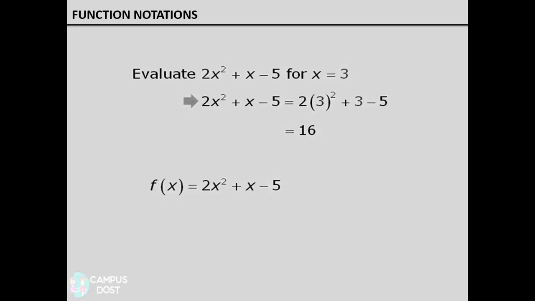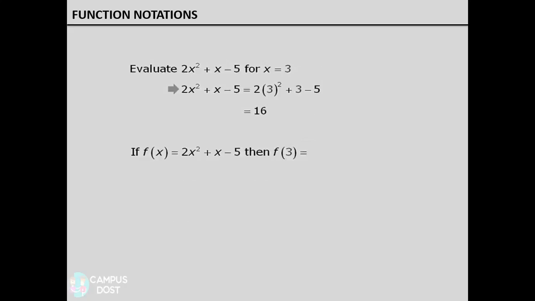minus 5. You can think of this as taking the expression 2x squared plus x minus 5 and assigning it the name f. So if we want to find the value of 2x squared plus x minus 5 when x equals 3, we use this notation. We read this as follows. If f of x equals 2x squared plus x minus 5, then f of 3 equals what?